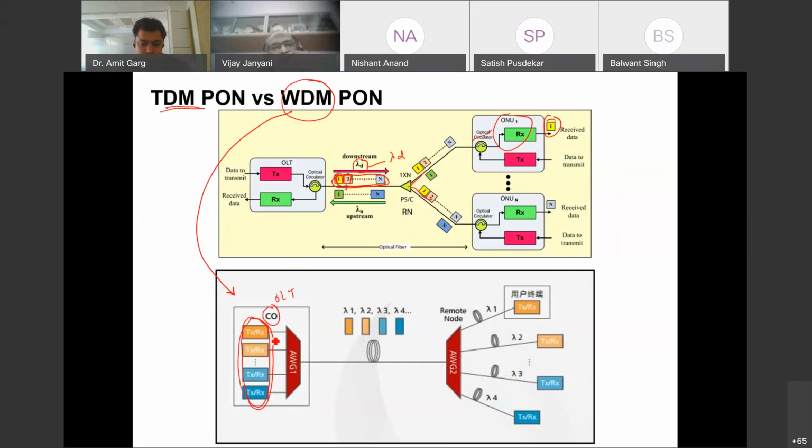All these signals now have different wavelengths, not a single wavelength like this; they have lambda 1, lambda 2, and lambda n. These n signals are multiplexed using another device called an AWG. One device I told you is a splitter, which is used to split. AWG is arrayed waveguide grating.